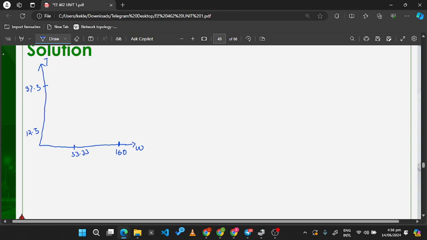So our first point is somewhere here, and the second is here. So the torque characteristic should be almost linear, something like this. These are the load torque characteristics as seen by the motor.